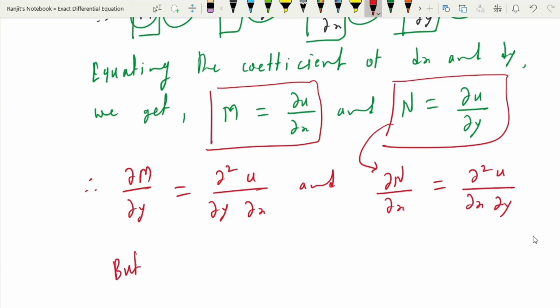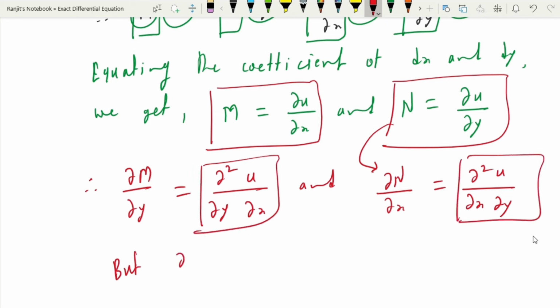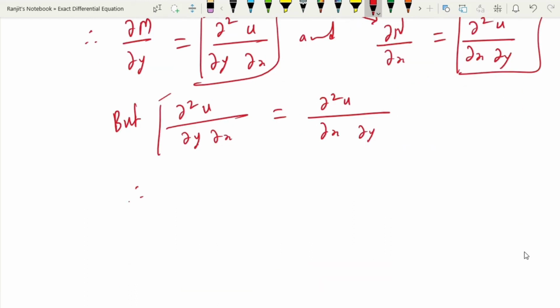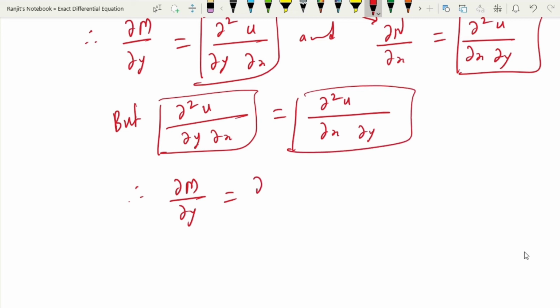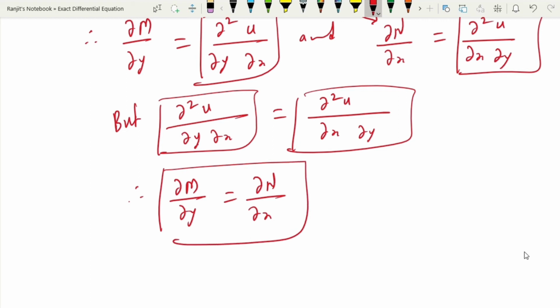But these mixed partial derivatives are equal: del squared u by del y del x is equal to del squared u by del x del y. Therefore, this is del M by del y and this is del N by del x, which is the necessary condition for exactness.